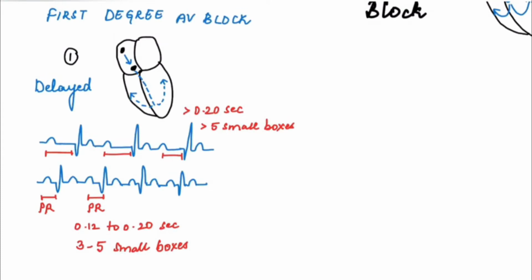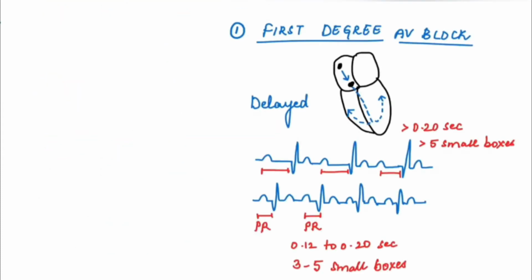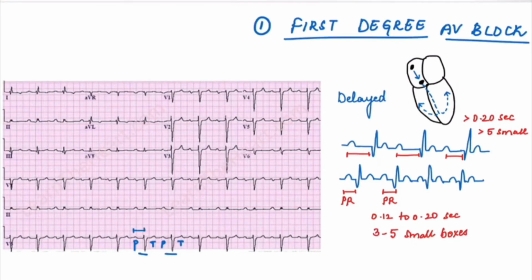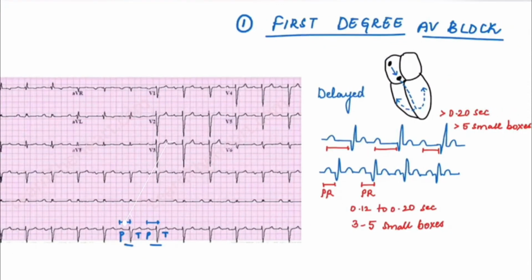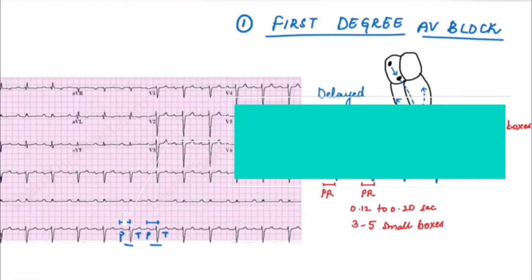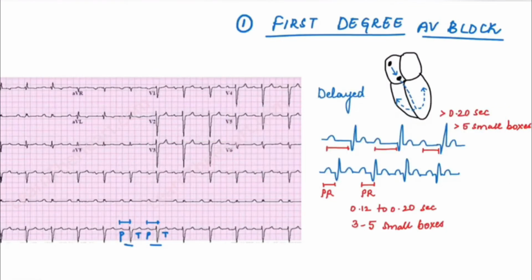Now we'll look at an ECG. So in this ECG, there is a P, there is a QRS and a T. So complexes are present, but between the P wave and the QRS complex, count the number of small boxes which are present. In ECG, 5 small boxes is equal to 1 large box. So count the number of boxes between the P wave and the QRS complex, and in case it is more than 5 small boxes, that is more than 1 large box, it indicates there is a first degree AV block.